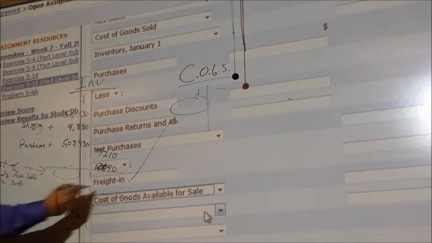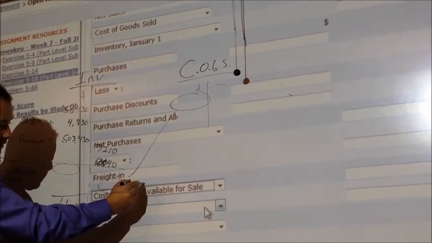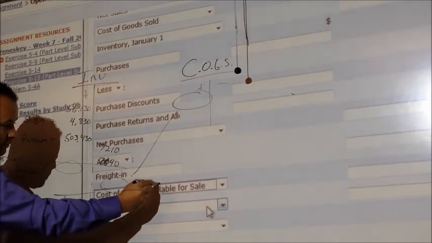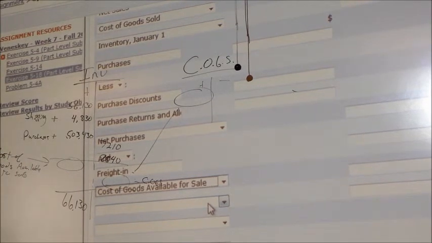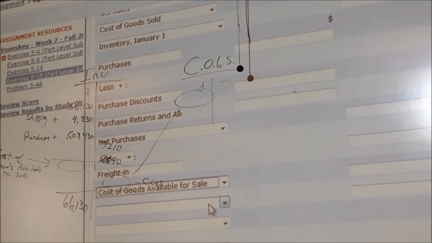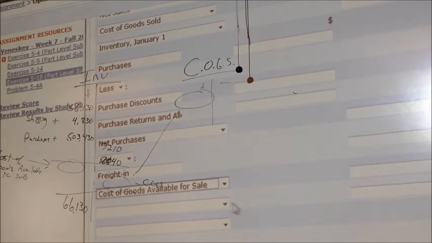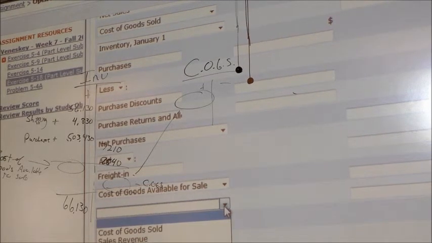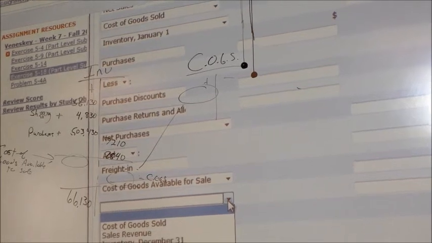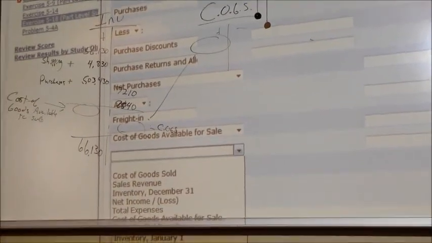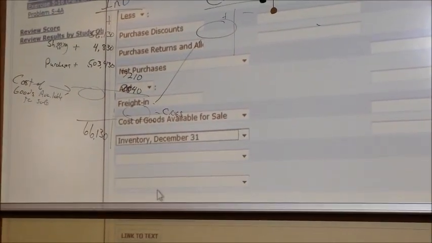And then the next item is how much did I actually sell? My cost of goods sold number. So the cost of goods that actually did sell, less what I still have in my ending inventory.